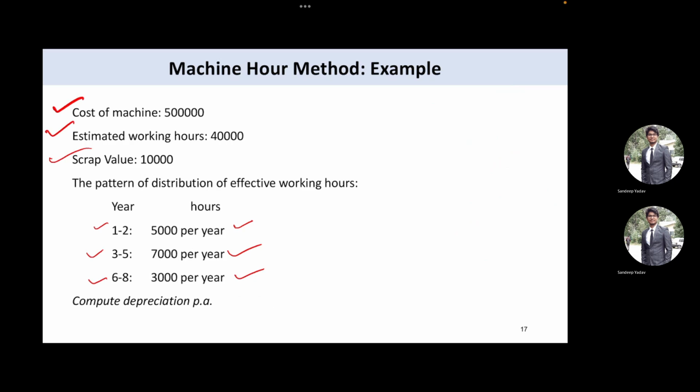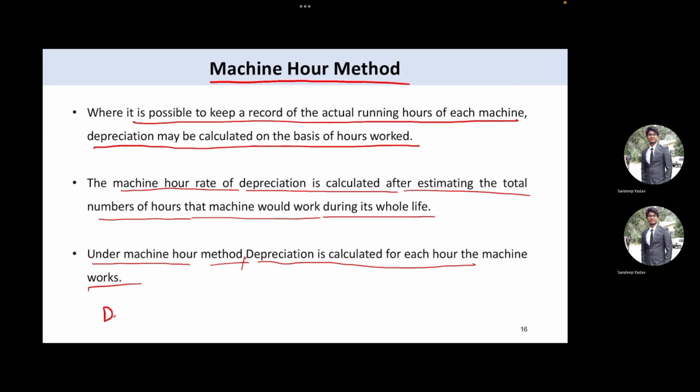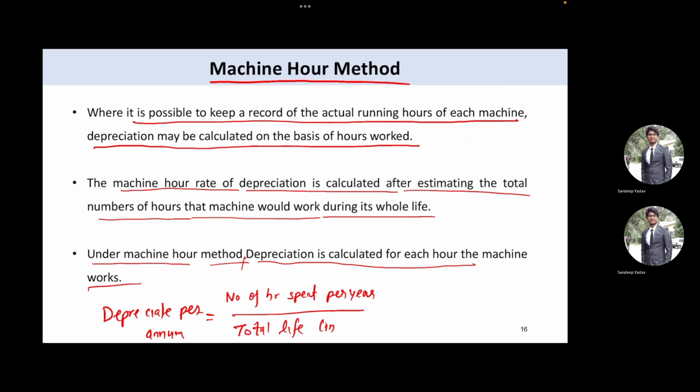So let me write down here: depreciation per annum will be number of hours spent per year upon total life in hours into depreciable value.